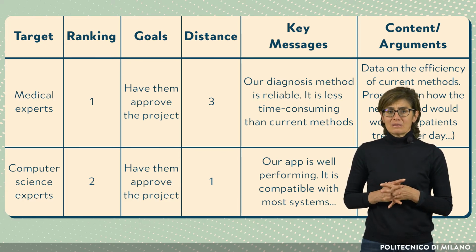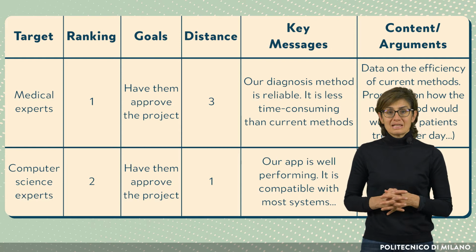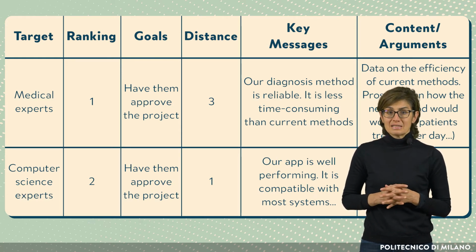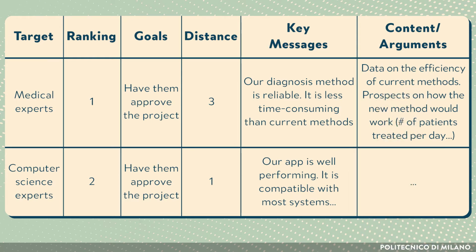Their main target were the medical experts in the board of reviewers, and what they wanted them to get was that their system would be more effective than current practices and at the same time reliable. They deemed this target would not be close to their goal, and so they devoted a lot of efforts into conveying these key messages through data and proper pieces of content.